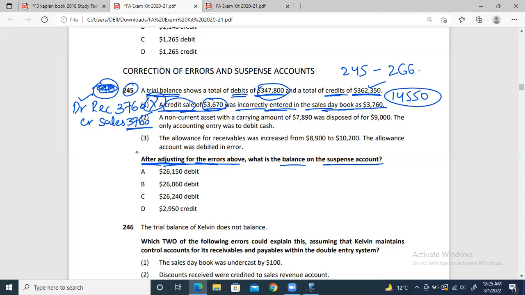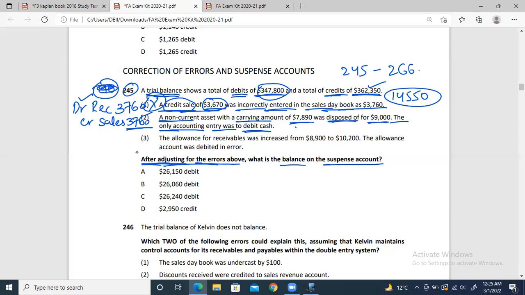A non-current asset with a carrying amount of 7890 was disposed of for 9,000. You may remember that we compared two things when we were doing the non-current asset disposal, right? The only accounting entry was to debit cash. By reading this line, it may seem that it's talking about recording the proceeds.